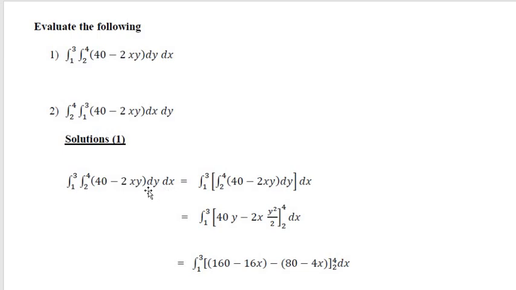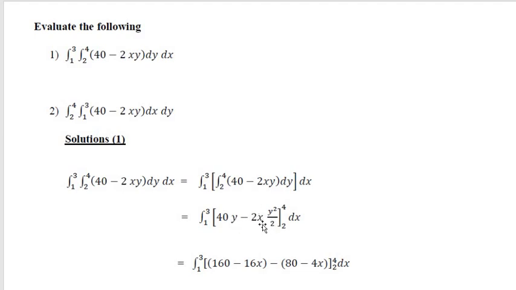So evaluate that. First integrate with respect to y. Here we integrate 40 minus 2xy with respect to y. So we get 40y minus 2x times the integral of y, which is y square by 2. When we integrate with respect to y, treat the variable x as constant.